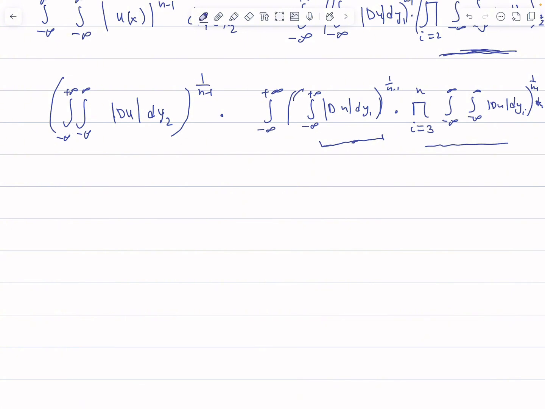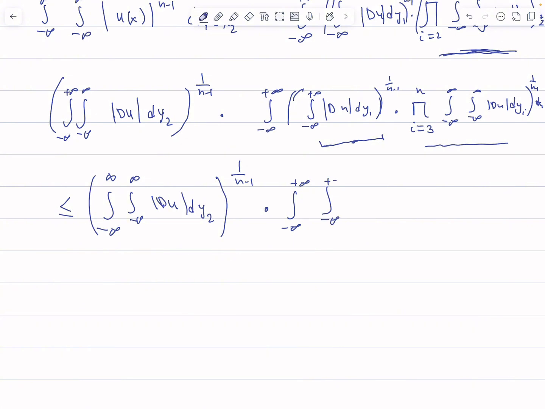So we can conclude this is less or equal than the integral du dy2 to the power 1 over n minus 1, but now we write the product.